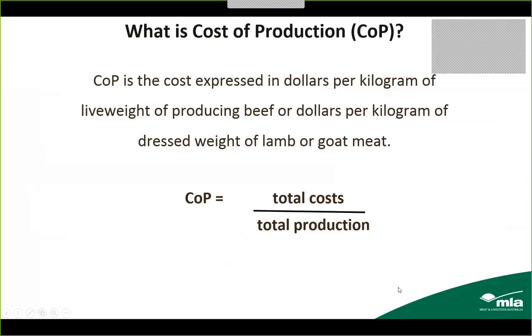As a measure of cost per kilogram of product, it measures the efficiency of production, and it allows you to see past just total costs, which we're always trying to minimise, or just total production, which we're always trying to maximise, so that we tend to get an optimum of each depending on the market that we're targeting. Now, it's got a reasonably strong relationship with profit, and I'll show you that shortly, and it's best manipulated through choice of production system and then through cost-effective production gains within that production system.